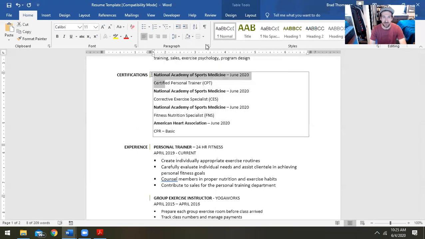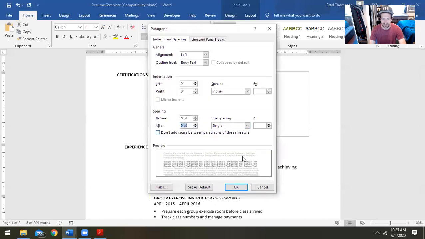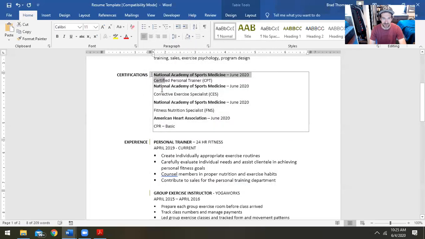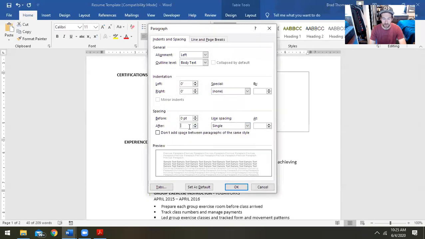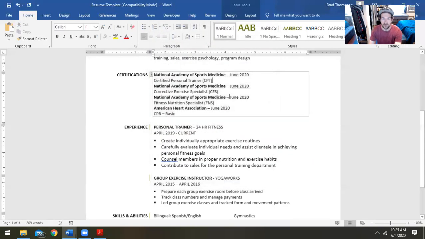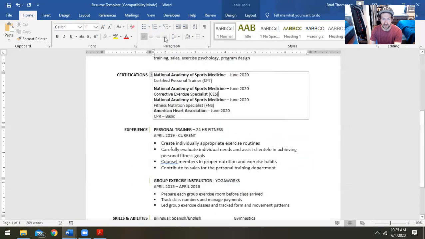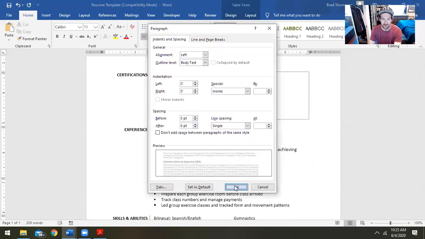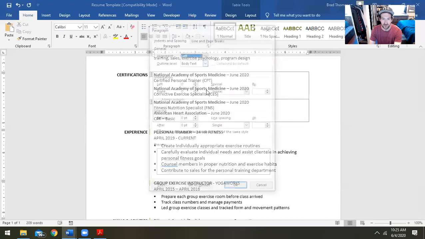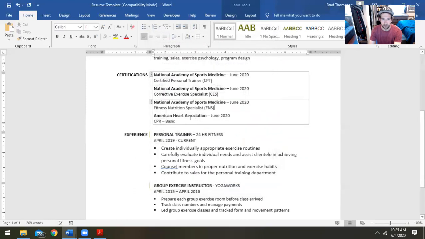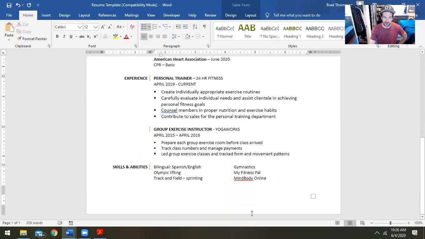But you know what it could be is actually just the fact that that stuff should be 0, with a little bit of extra space after each of these. And now that looks much better. And we got it to 1 page.